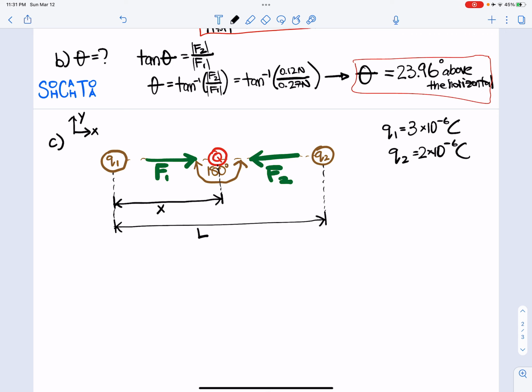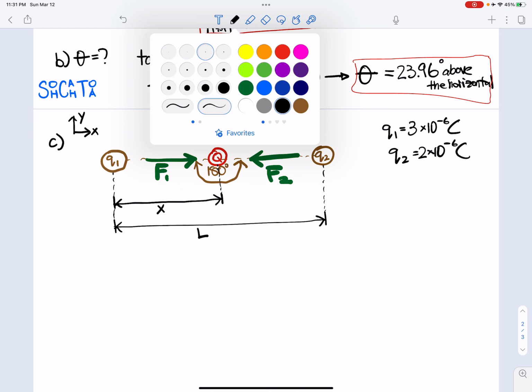So in order for particle Q to feel no force, I'm going to place it in a straight line between Q1 and Q2. I know that. It needs to be there because I can't have a y component. I'm trying to cancel out x components of force right now. Okay?